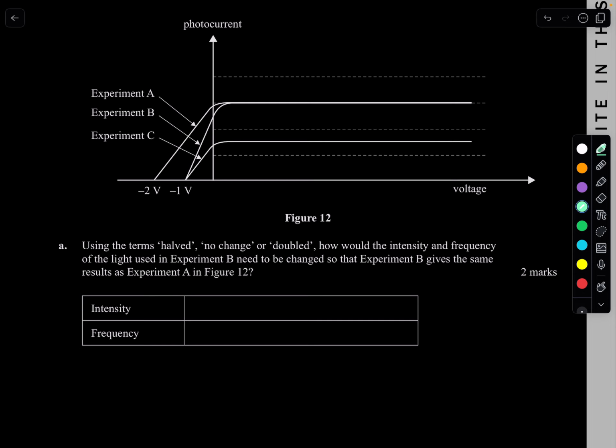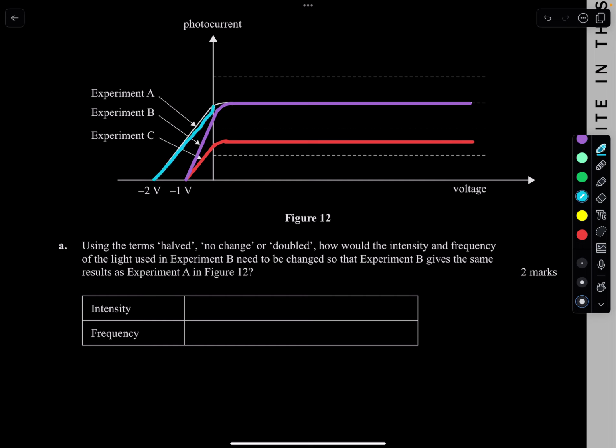Let's make these nicely color coded so I can show this. Let's make this one red, this one purple, and this one blue.